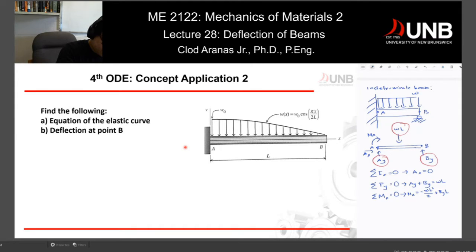And how did we do it? If we sum the moment at point A, you have the moment, which is negative, you have the contribution of WL, which is also negative, and then the contribution going to B, which is a positive rotation, and you end up with this equation.